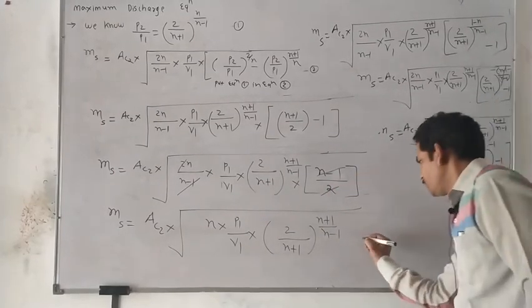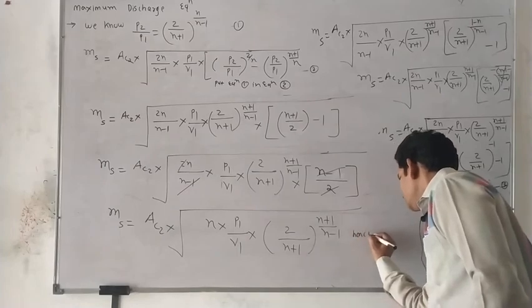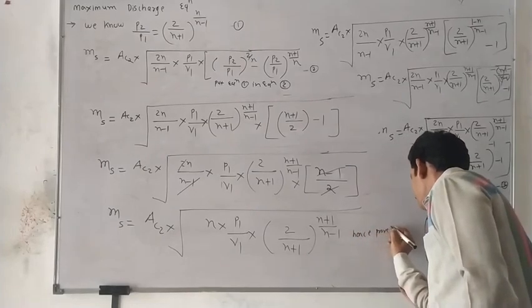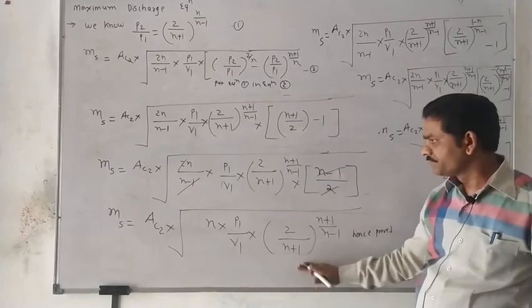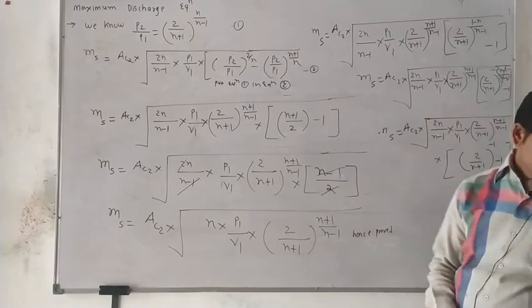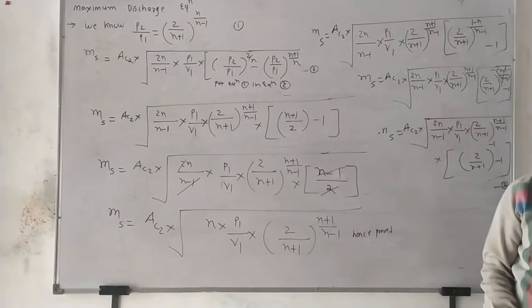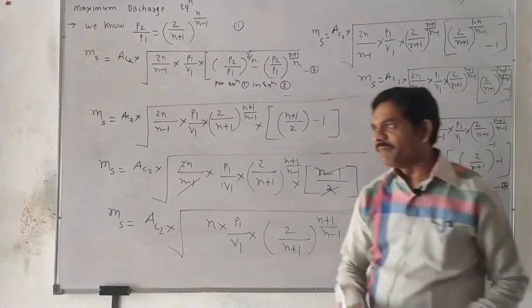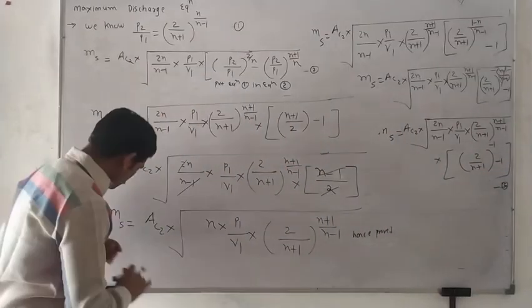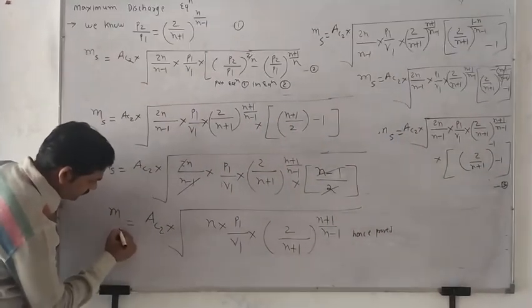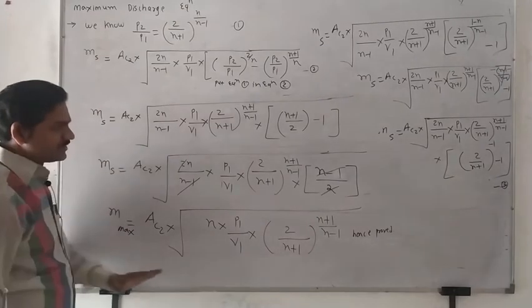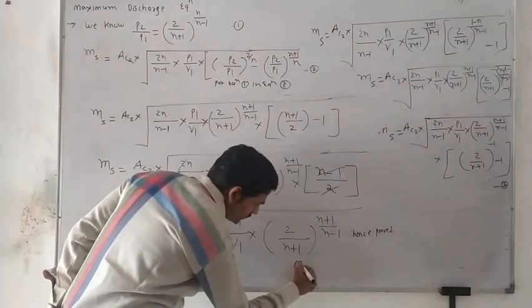So hence proved. This one, the final equation. So this is the m_max, maximum discharge through the nozzle.